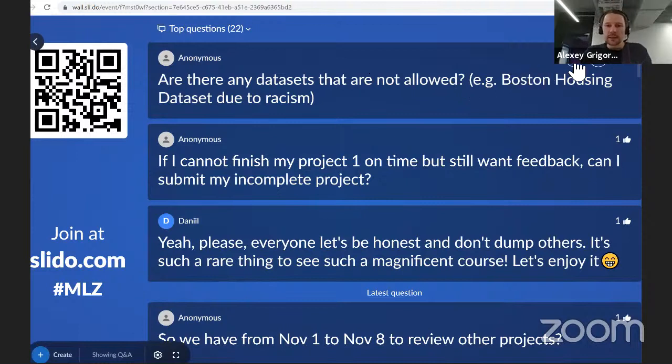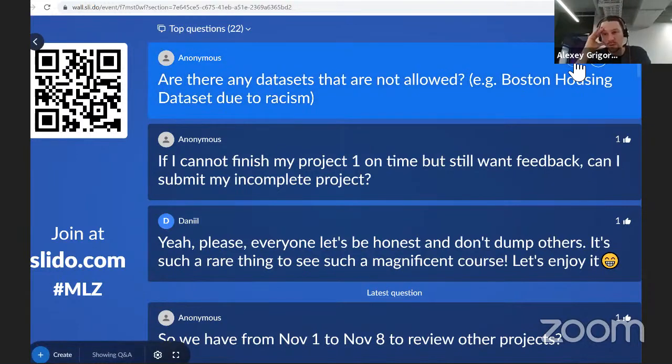Are there any data sets that are not allowed? It's actually a good point. There are data sets like Titanic or Iris or the wine quality data set. Boston housing is a good example, because of ethical issues. But there are data sets that are just so common that if you use them, I don't think you will learn much, because there are so many tutorials.